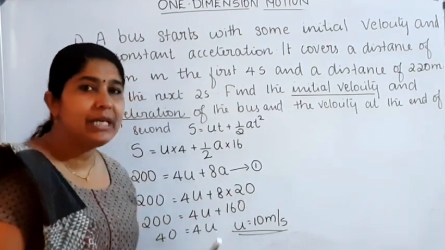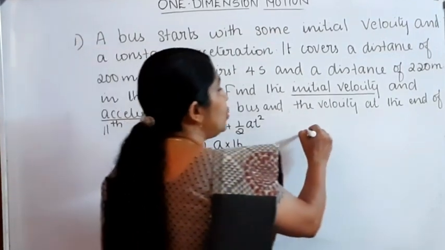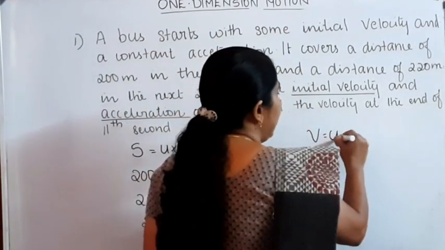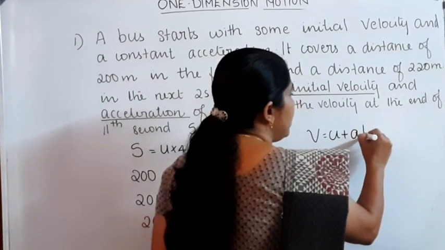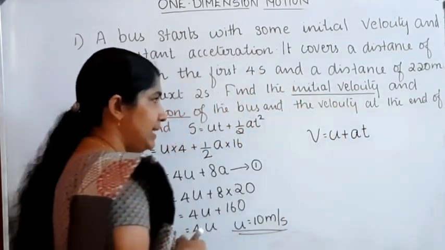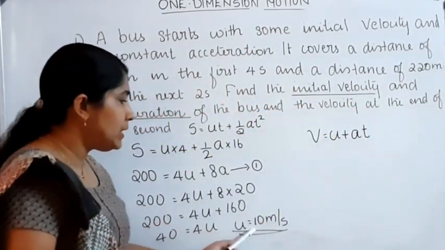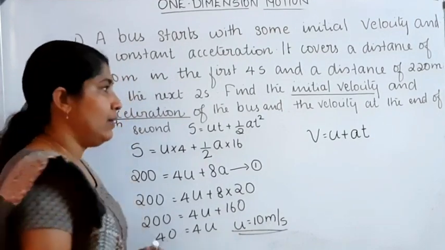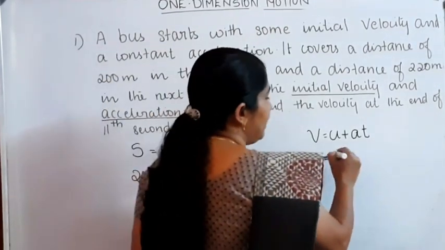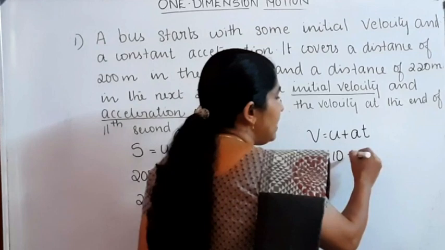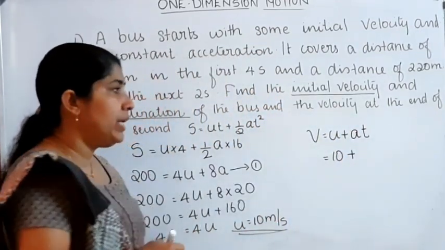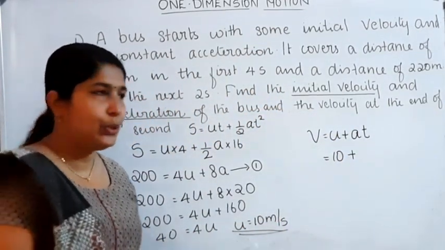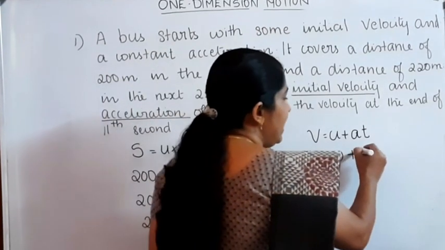To find it, we can use the equation v is equal to u plus at. We know that u is equal to 10 meter per second, plus the acceleration of the body, which is also known, equal to 20.